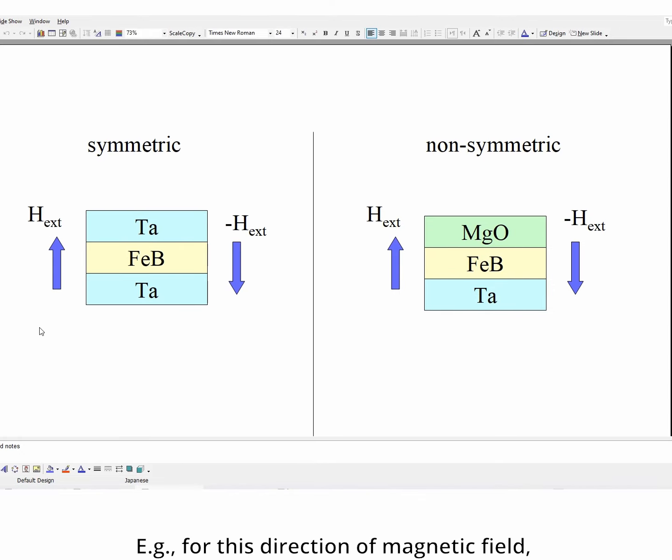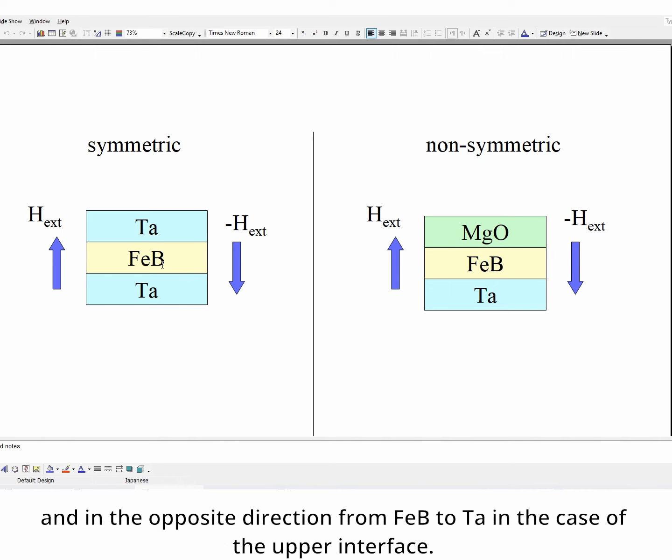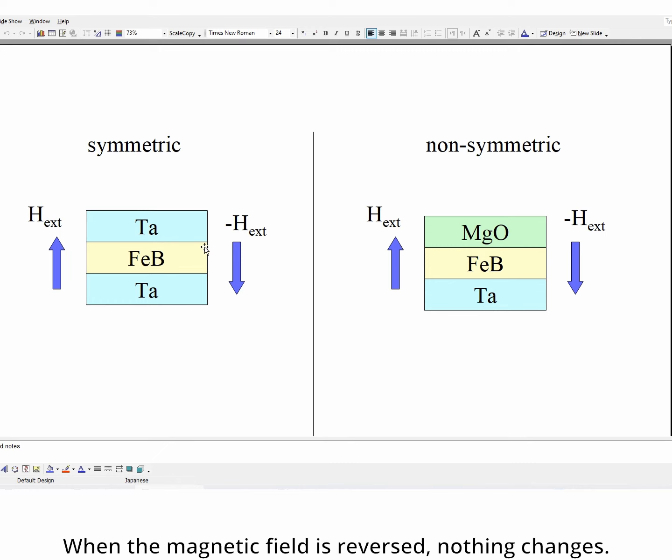For example, for this direction of magnetic field, the magnetic field goes through the interface from tantalum to iron-boron in the case of the lower interface, and in the opposite direction from iron-boron to tantalum in the case of the upper interface. When the magnetic field is reversed, nothing changes.